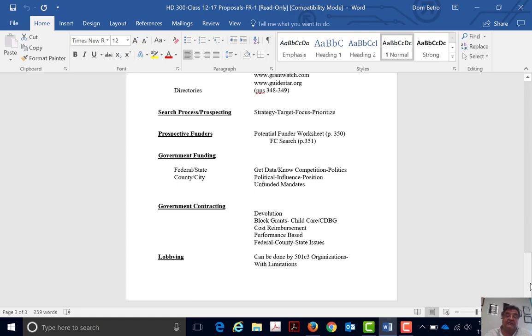Government contracting is a little different, and this is where you specifically contract. It's not so much a grant as it is a contract for services, like you're going to provide counseling hours, or meals, or in some cases housing, maybe with Section 8 grants or something else.